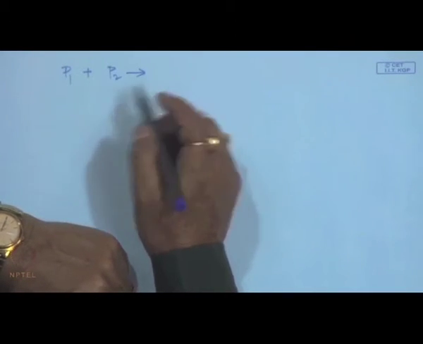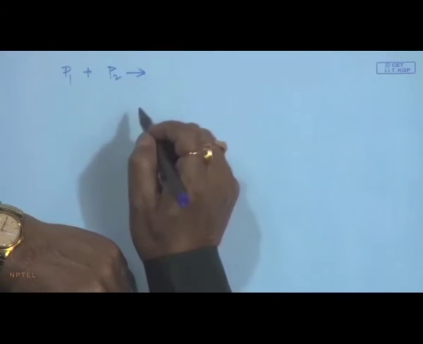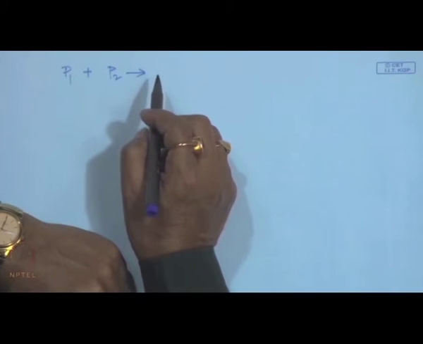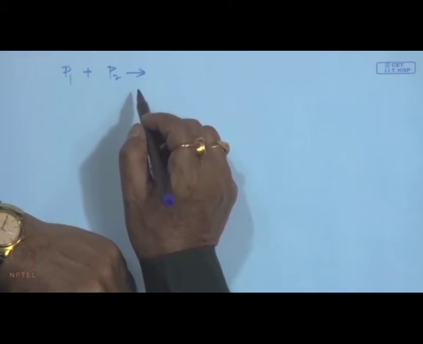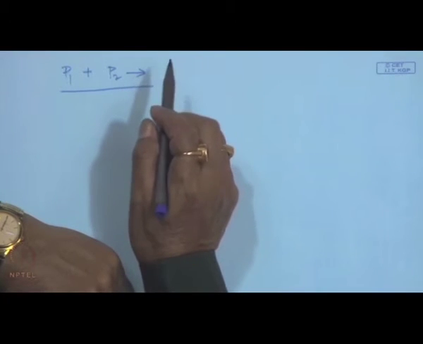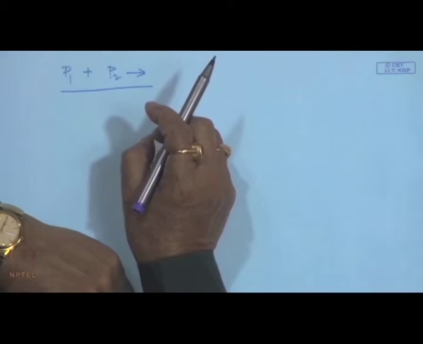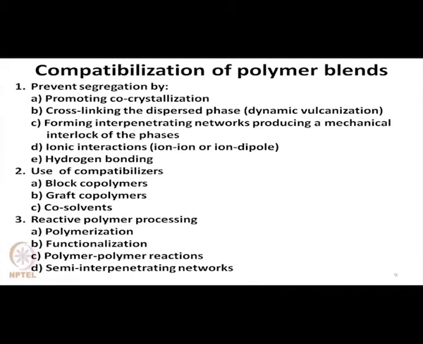Or even the monomer of P2 can be polymerized in the matrix of P1. That is a technique known as polymerization. Through polymerization, we can also go for compatibilization, which is one of the techniques of reactive polymer processing.